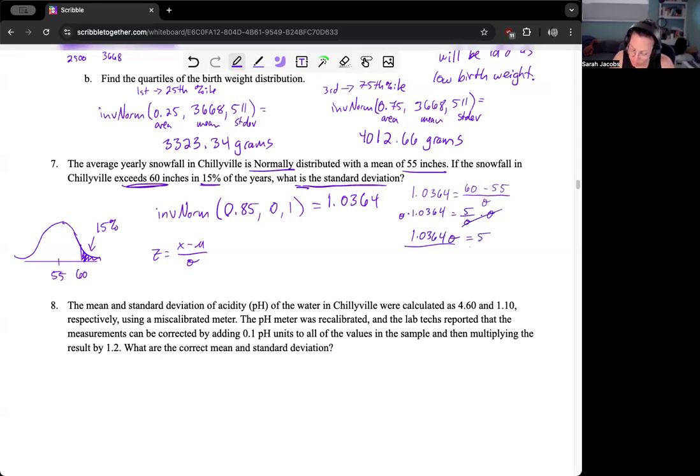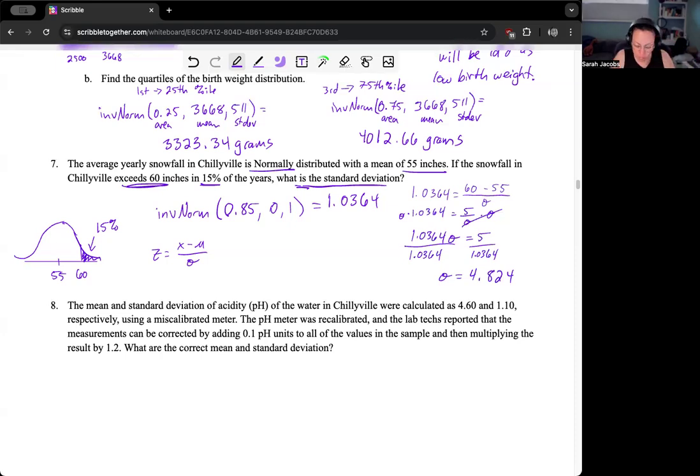And we're going to divide both sides by 1.0364. And we get sigma is equal to, and again, I left this with all its decimals in my calculator, so I'm doing 5 divided by, and then just grabbing that number. I get 4.824. So there's our standard deviation.